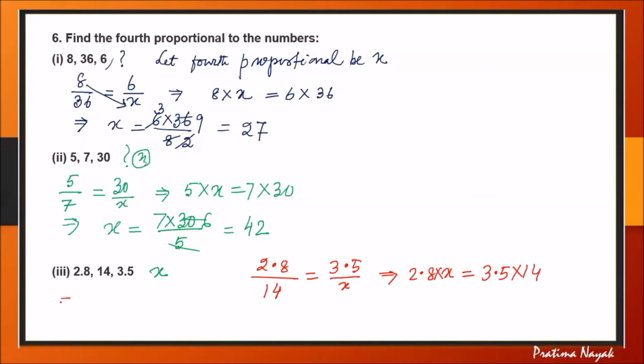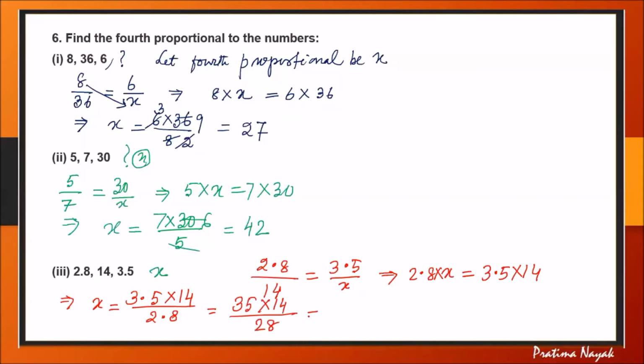So what is x? x is equal to 3.5 multiplies 14 upon 2.8. It is decimal, no problem. Multiply with 10, it will be 28. So I'll multiply 10 with 3.5. So this will be 35 into 14 whole by 28.